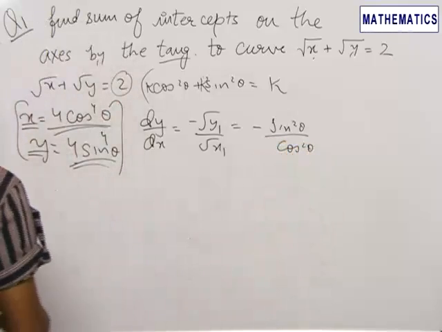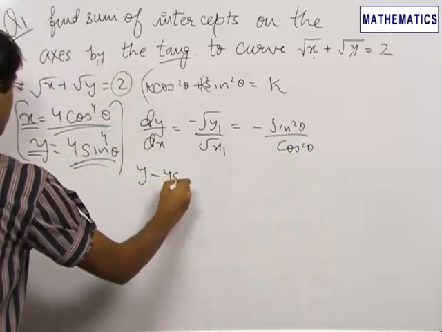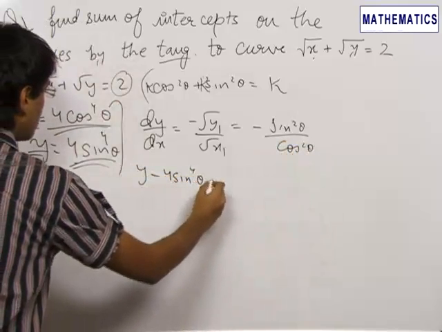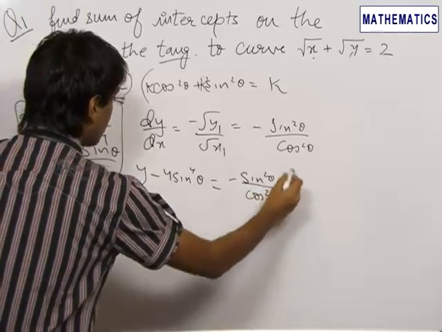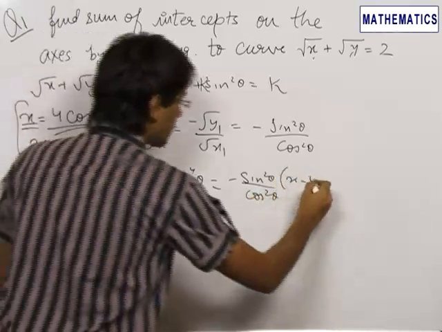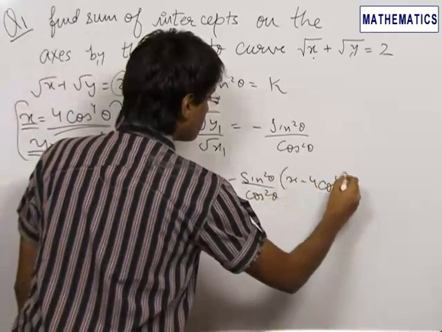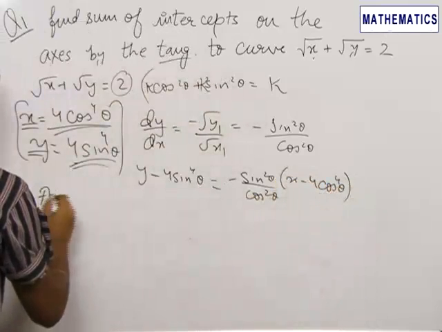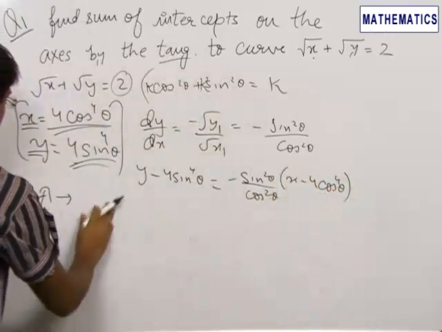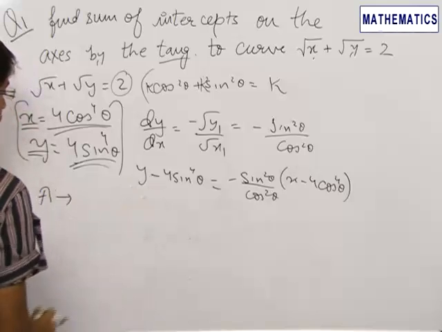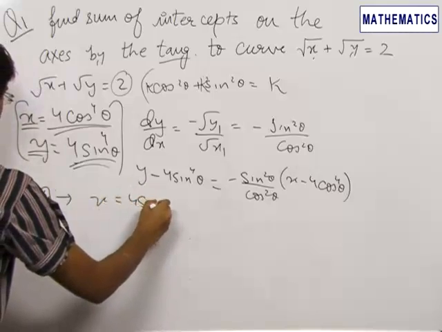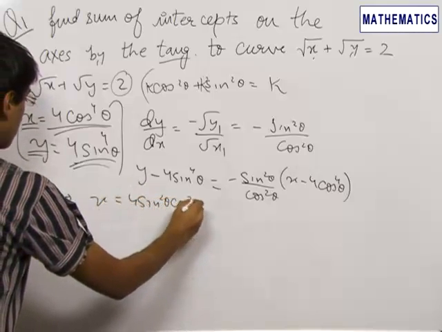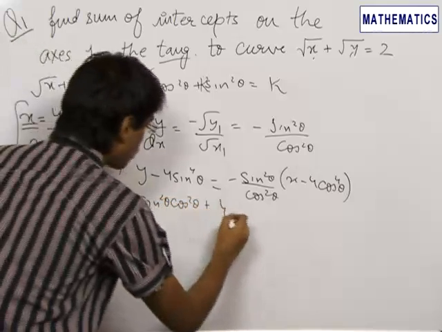So the equation of tangent becomes y minus 4 sin theta power 4 is equal to minus sin square theta upon cos square theta into x minus 4 cos theta power 4. For A, we put y equals 0 to get x as 4 sin square theta cos square theta plus 4 cos theta power 4.